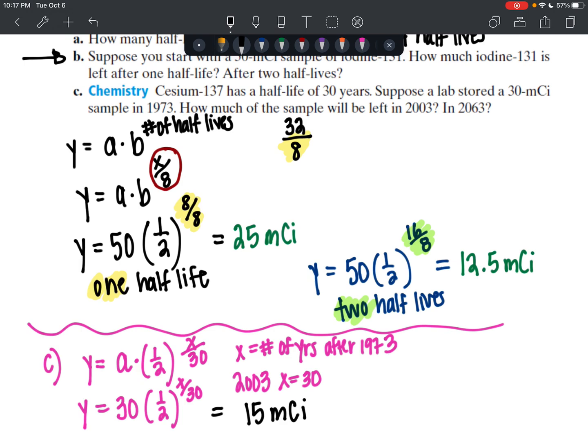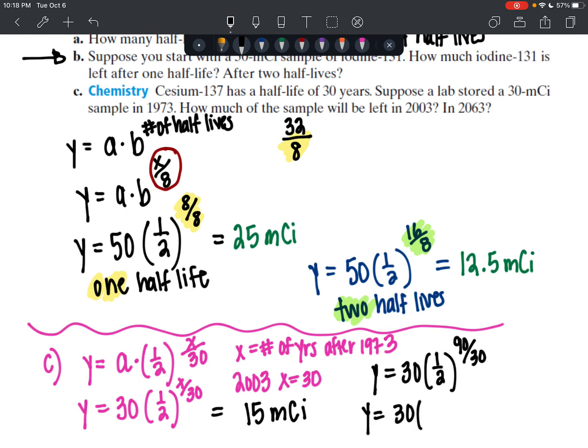Now, what happens in 2063? Well, that would be 90 years. So how many half-lives would that be? Y equals 30 times 1/2 raised to the 90 over 30. That right there is 3 half-lives.